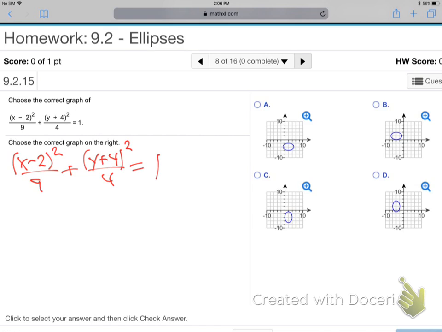It can only be A or C. So opposite, opposite. Center is plus 2 minus 4.